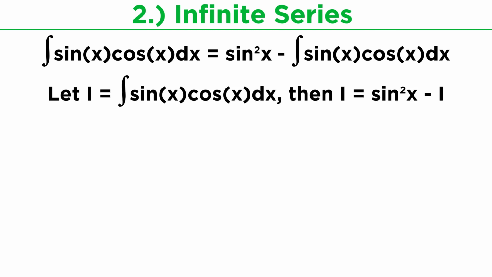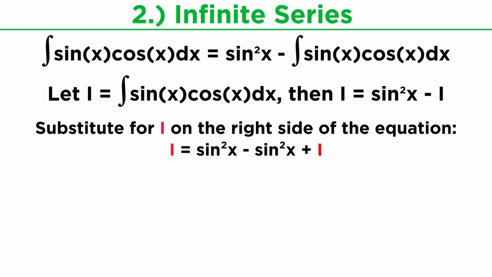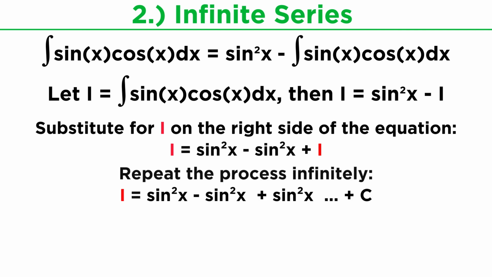Again, we will let I be equal to the antiderivative of sine x times cosine x, which results in I equals sine squared x minus I. We will substitute for I on the right side of the equation to get I equals the sine squared x minus the sine squared x plus I. We will then repeat this process an infinite number of times to derive that I equals the sine squared x minus the sine squared x plus the sine squared x, and so on, plus c.